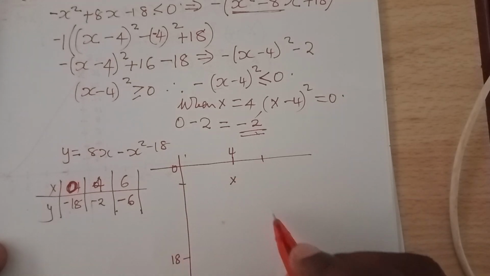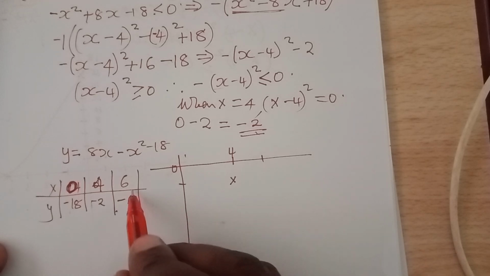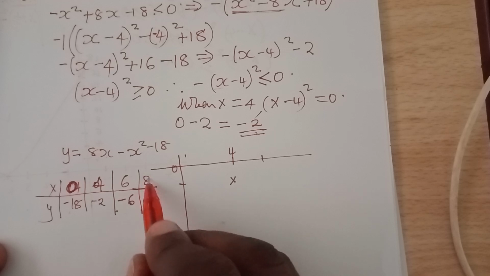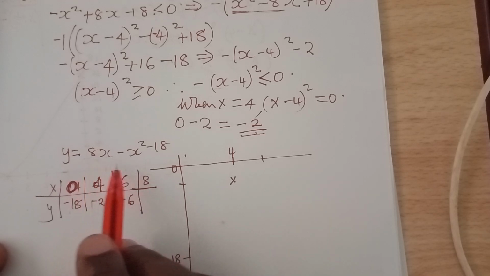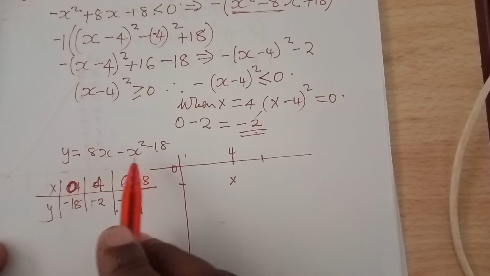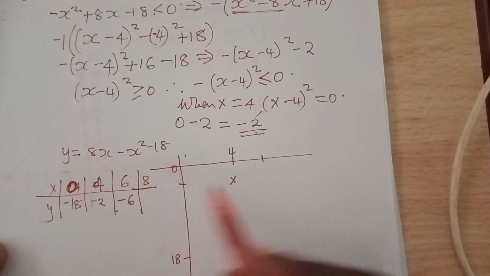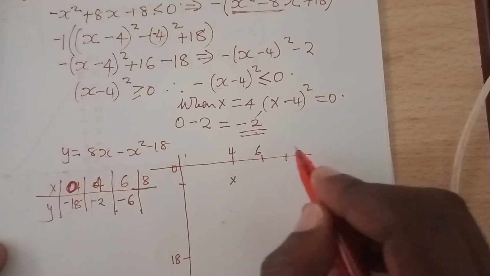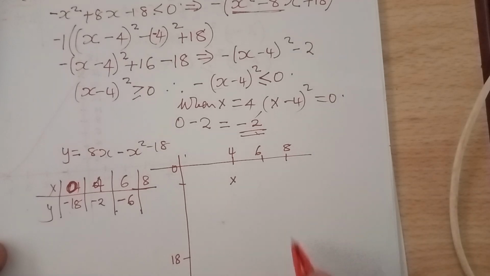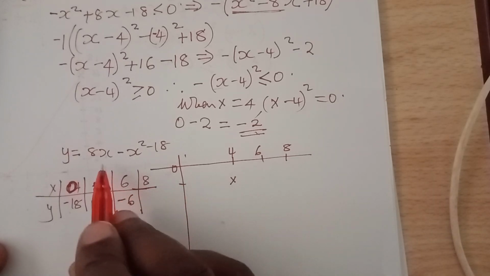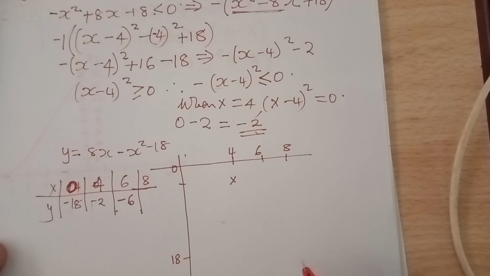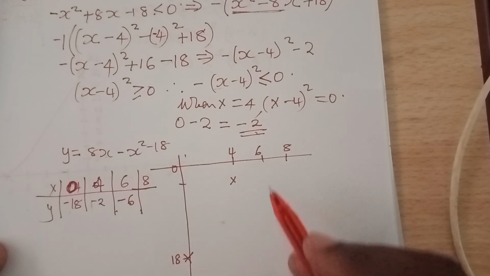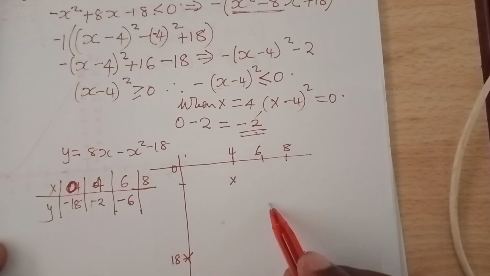And when x is 6, y is minus 6. What about when x is 8? This is 64 minus 64, minus 18, so when x is 8, y is minus 18 again, just like what y was when x was 0.